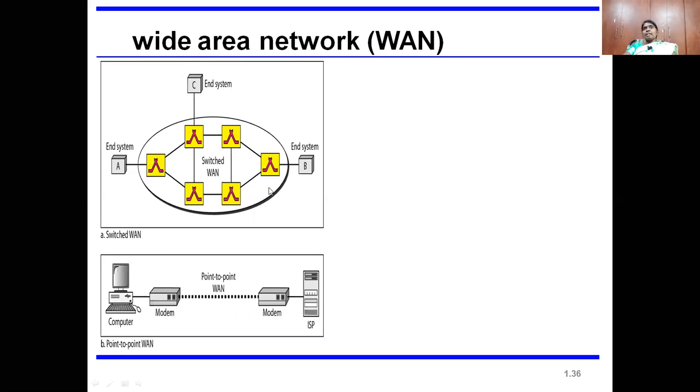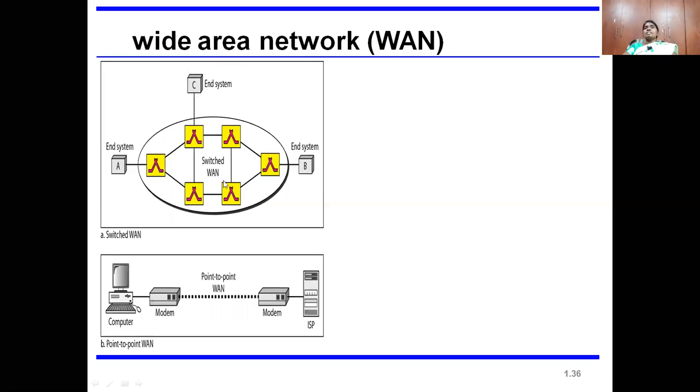And these are connected in two fashions. Switched WAN, we call this diagram a switched WAN. These are N systems, A, B and C are the N systems. These are located at different places. A is located at a far away place, B is located somewhere far, and C is also located somewhere far away from the system.